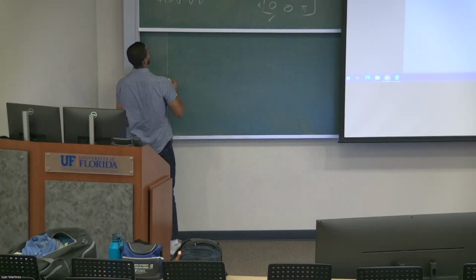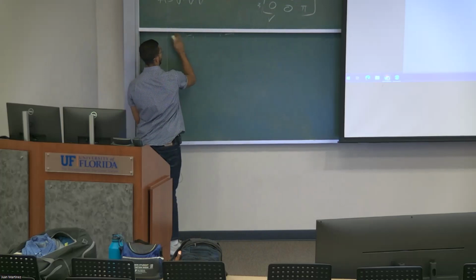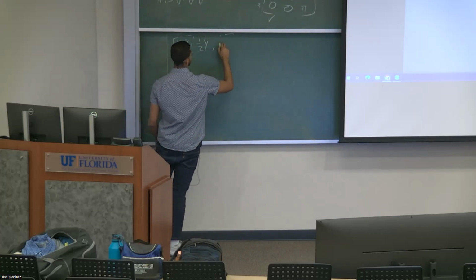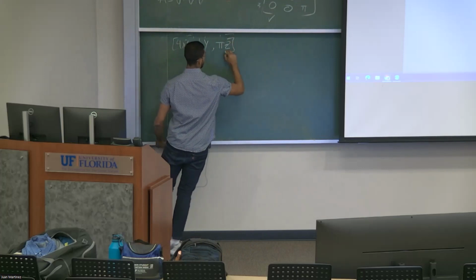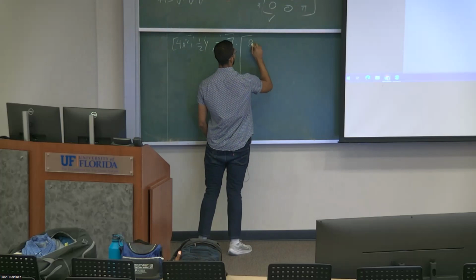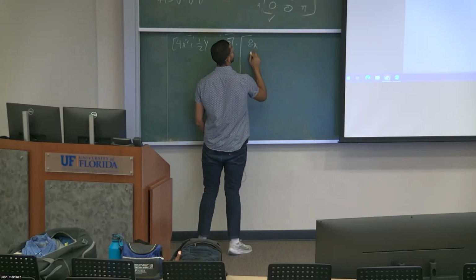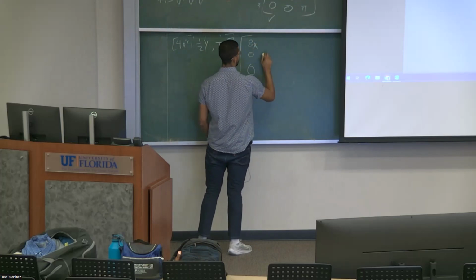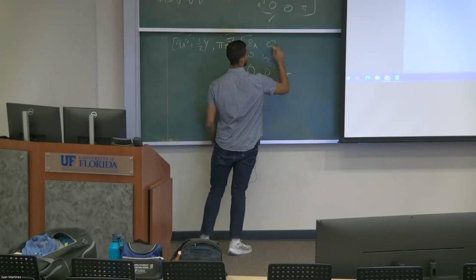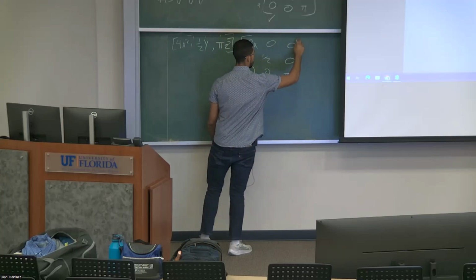So vector B is, we said, x squared, 1/2 y, pi, which is multiplied by a x, 0, 0, 1/2 pi, 0, 0, 0.